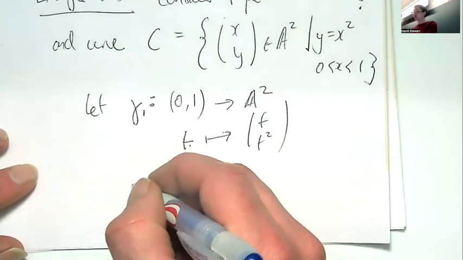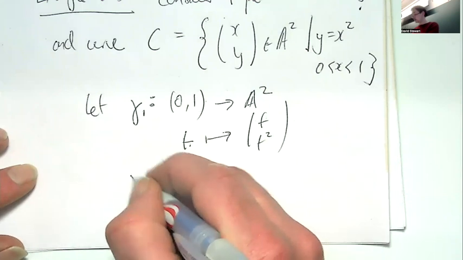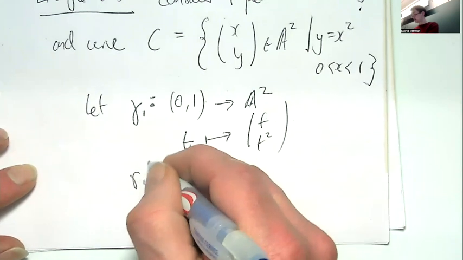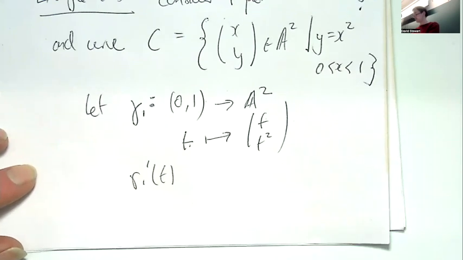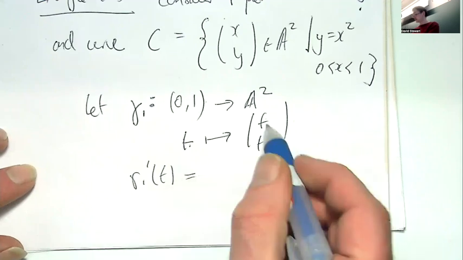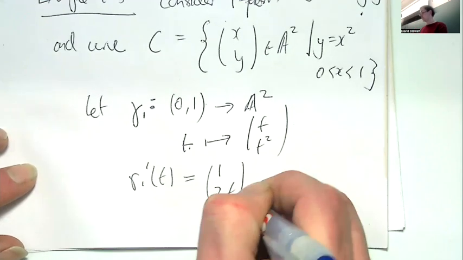So let's differentiate this to get gamma 1 dash of t. That is just going to be (1, 2t).